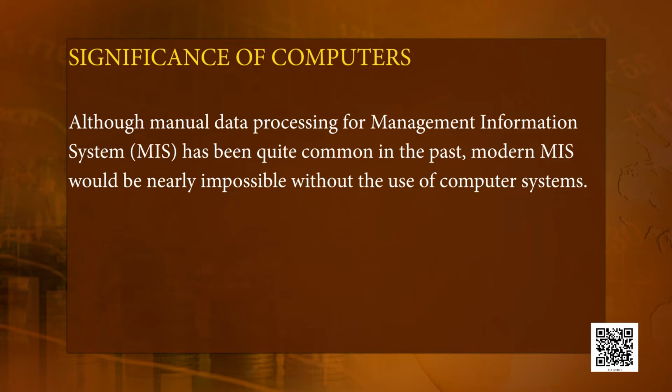Although manual data processing for management information system MIS has been quite common in the past, modern MIS would be nearly impossible without the use of computer systems. So at the end, if we say that without computer, we are not able to perform any business task these days. So this is the significance of computer.